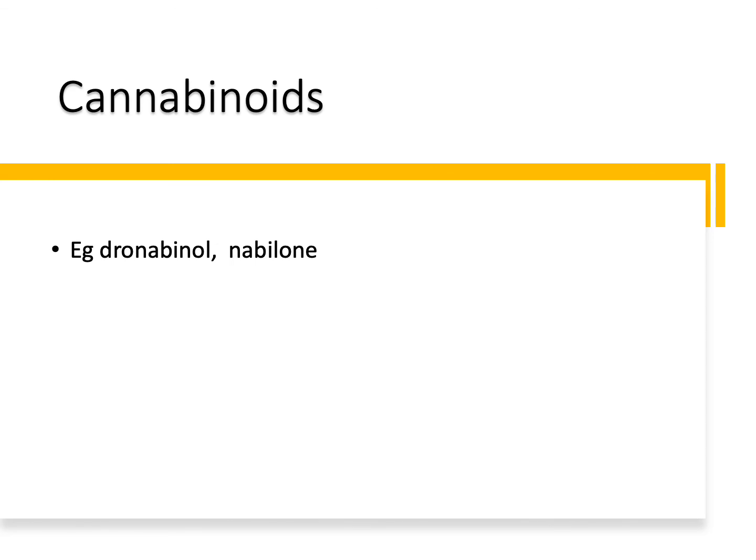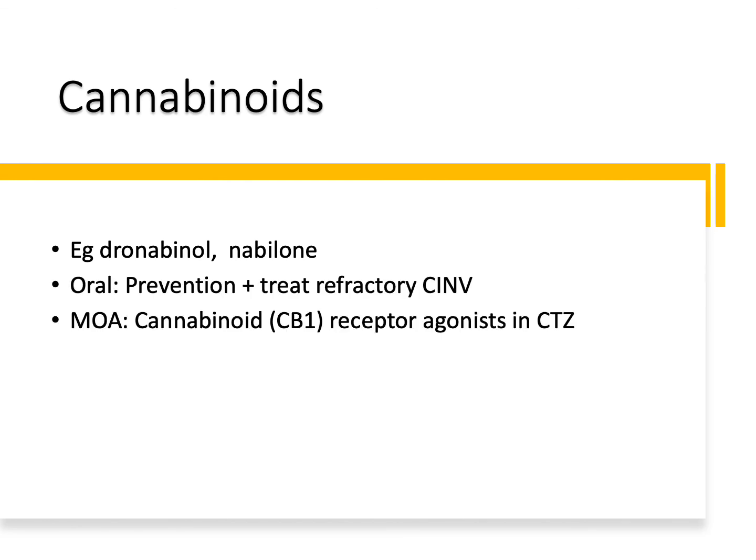We've got other partners as well, like cannabinoids. Cannabinoids act on the cannabinoid receptor, so they are agonists. You can see the CB1 receptor; if you flip through the earlier slide, it is also present in the chemoreceptor trigger zone. We want to prevent and also treat refractory CINV.